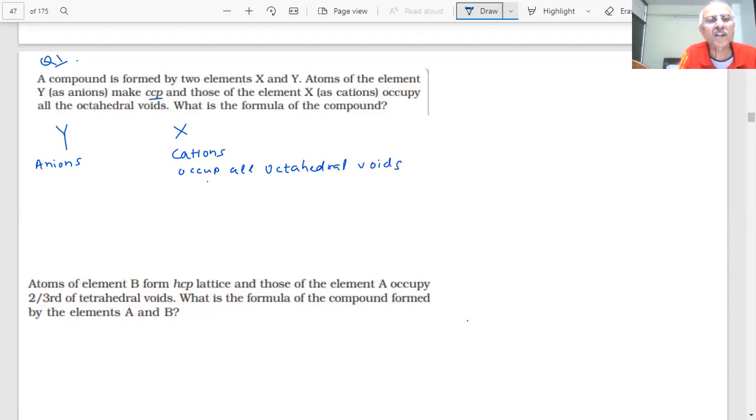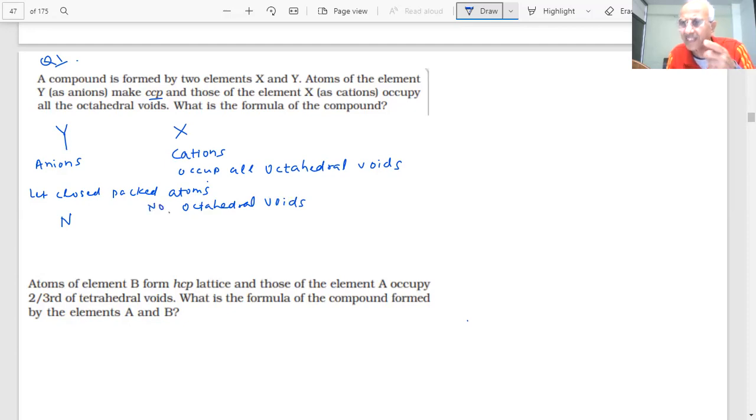Supposing, students, the number of close packed atoms, or particles, is N. If you have N close packed particles, how many octahedral voids will be there? What is the formula I told you?